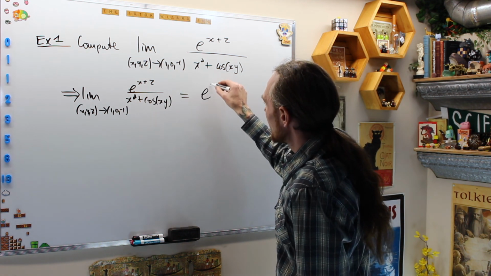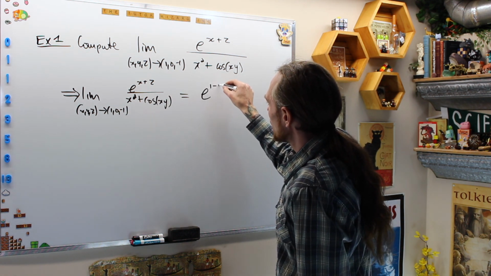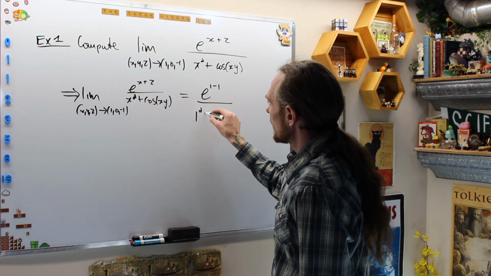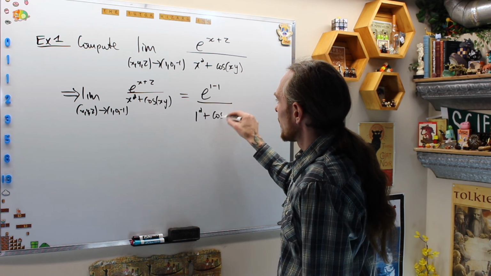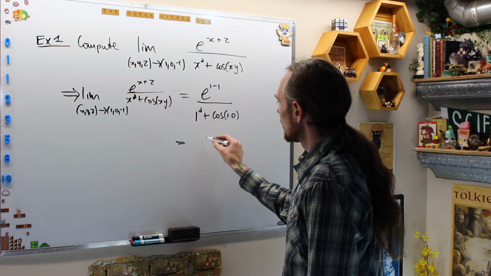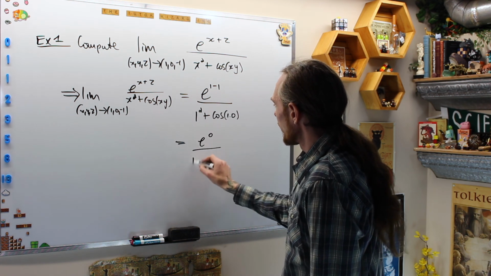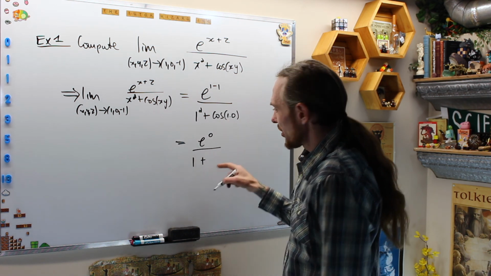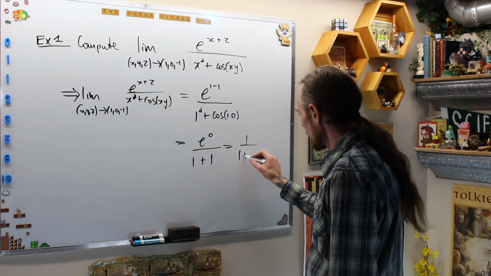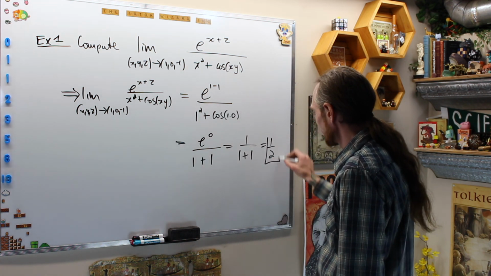This is e to the 1 minus 1 over 1 squared plus cos of 1 times 0, which is equal to e to the 0 over 1 plus cos of 0. Cos of 0 is 1, which is 1 over 1 plus 1, which is 1/2.